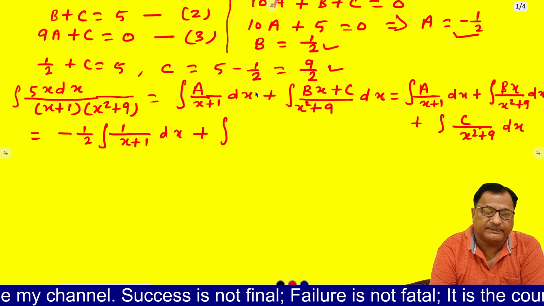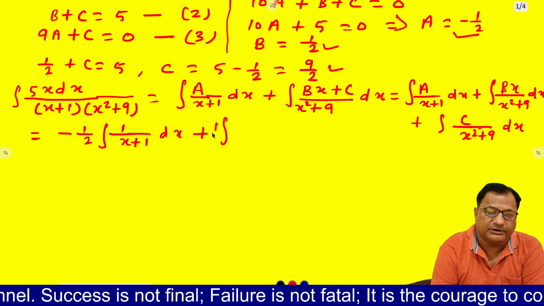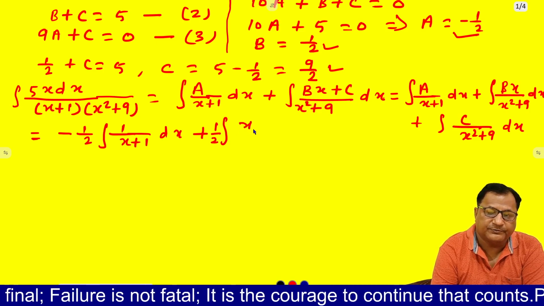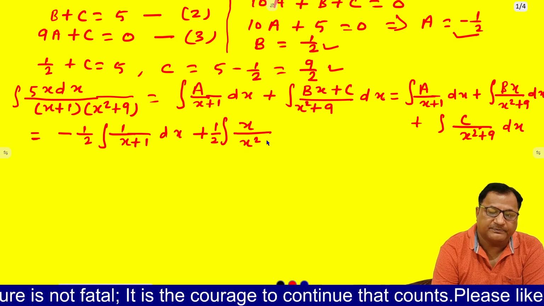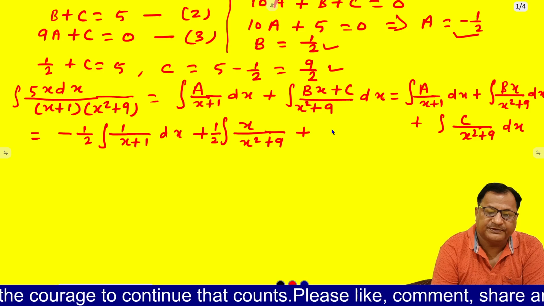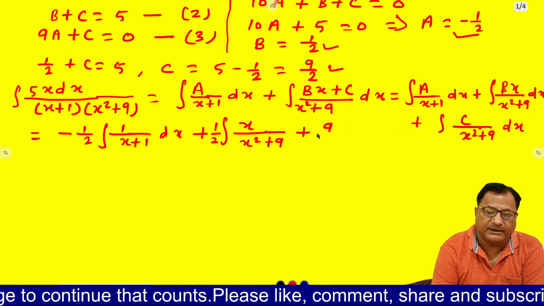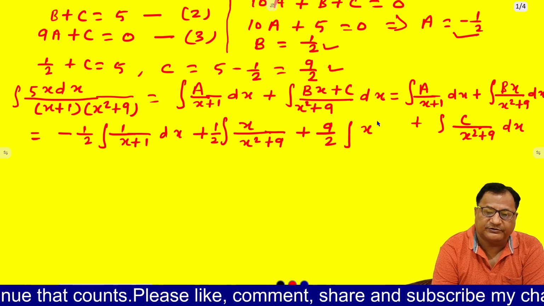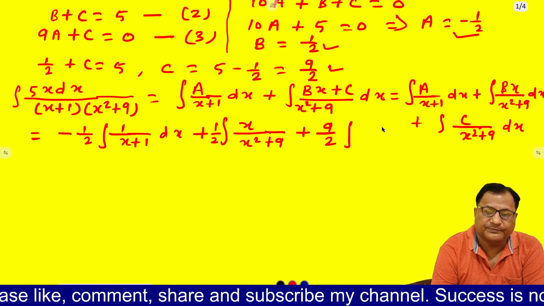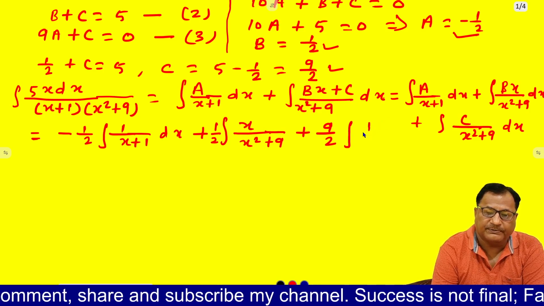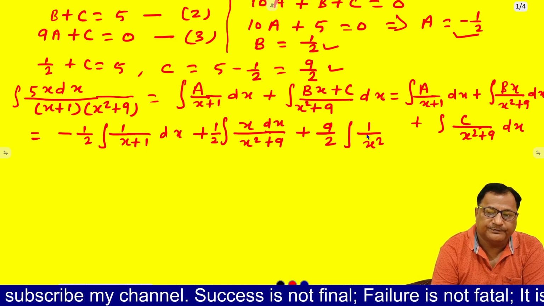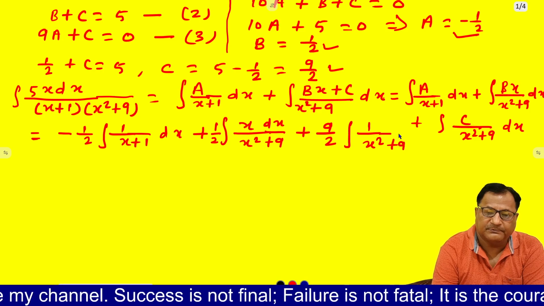The B value is 1 by 2, so we'll write 1 by 2 outside: x by (x square plus 9) plus, C value is 9 by 2, so 9 by 2 into 1 by (x square plus 9) dx.